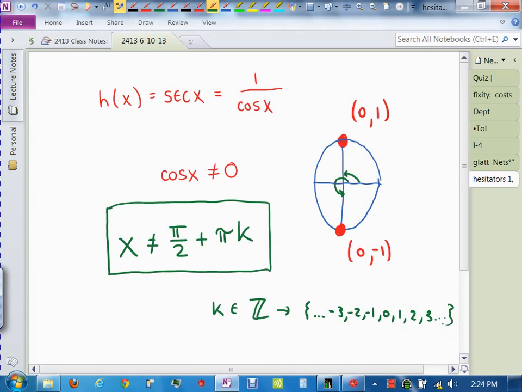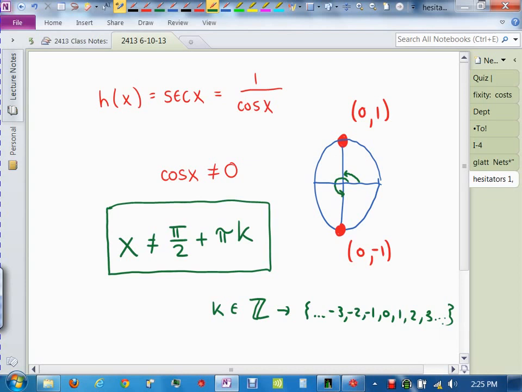I'm going to go up to the board again because I think this is critical that you understand this. Before you can do this, you have to know where cosine is 0. Cosine is 0 here and here. Then if I start here, pi over 2, and I add to it, let's try k is 0.